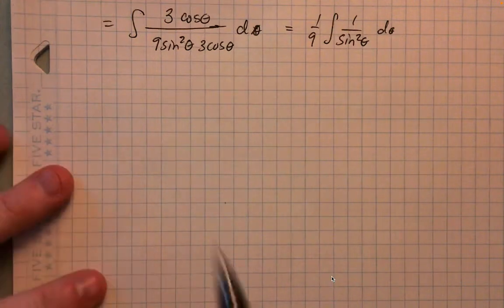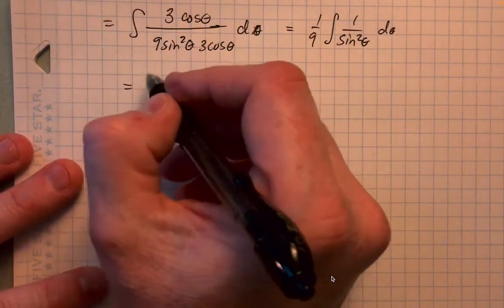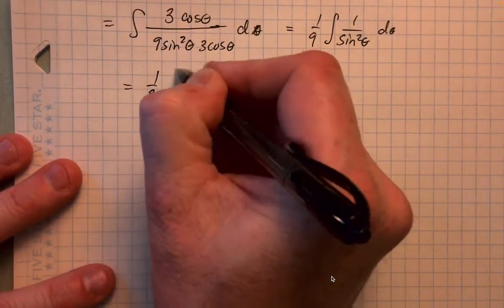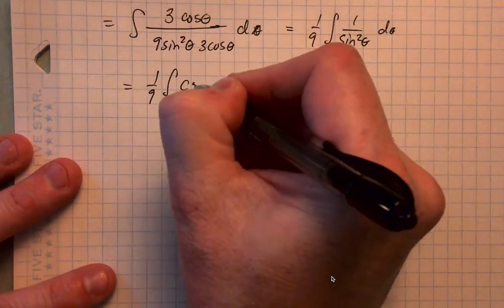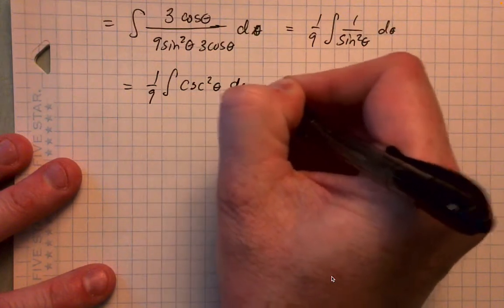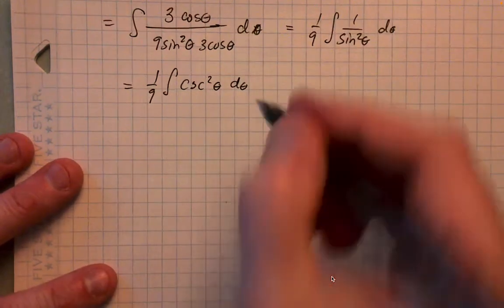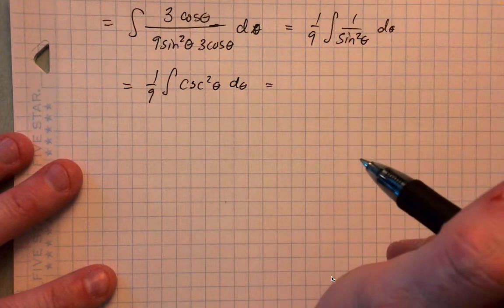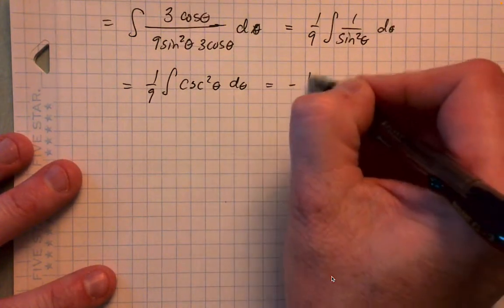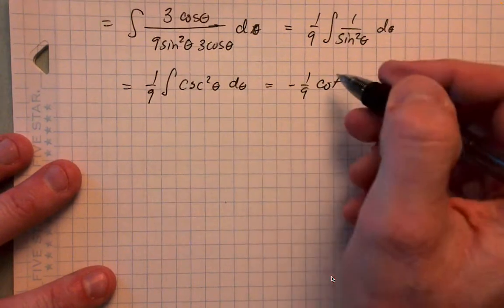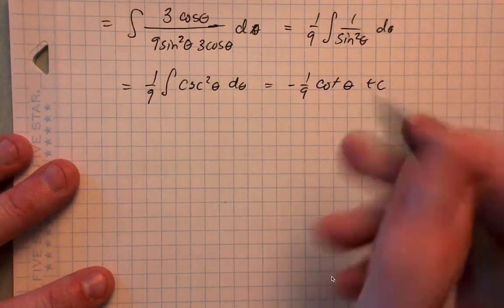And then this is just equal to 1/9 times the integral of cosecant squared theta. And that one we can just plug in, right? We get, let's see, negative 1/9 cotangent of theta plus c, right?